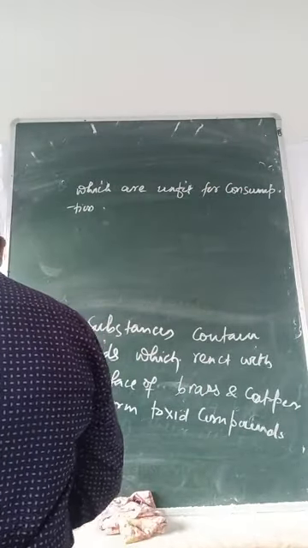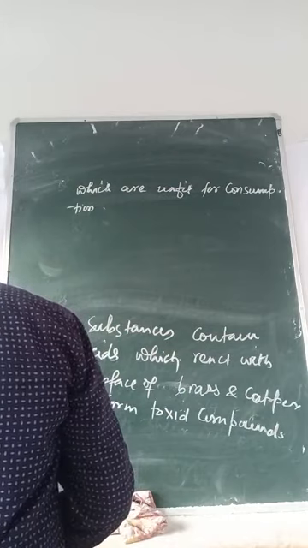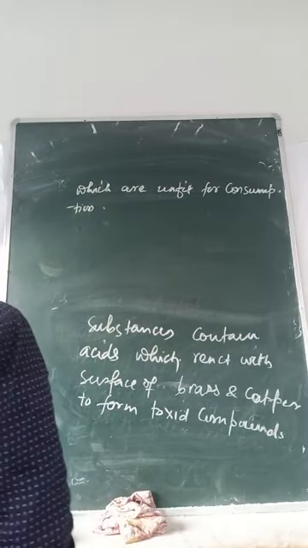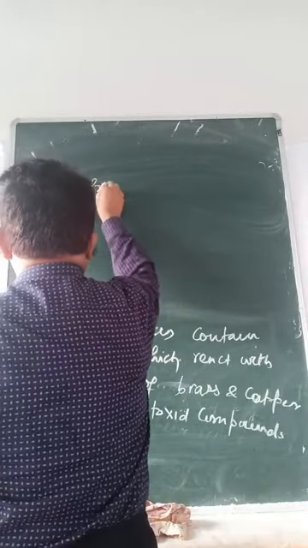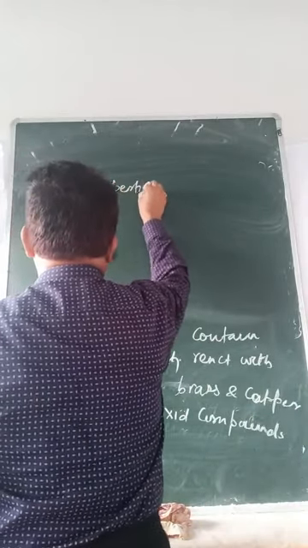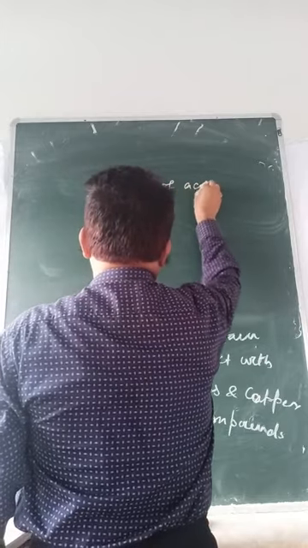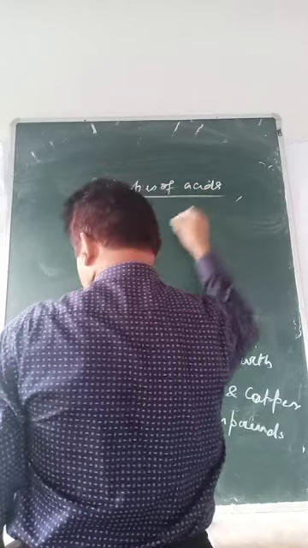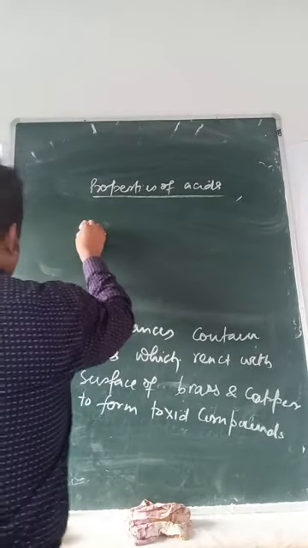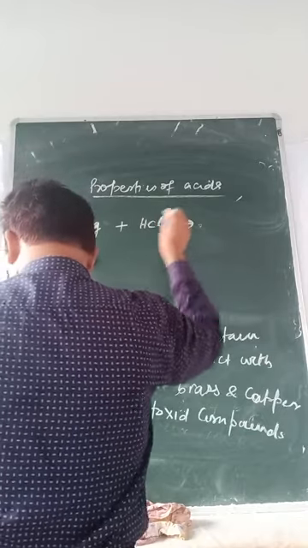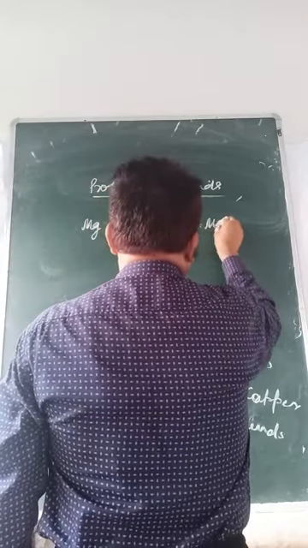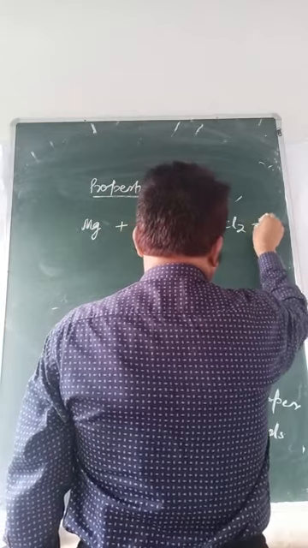Okay, then comes up some properties of acids. You can write magnesium plus HCl gives you magnesium chloride plus hydrogen gas.